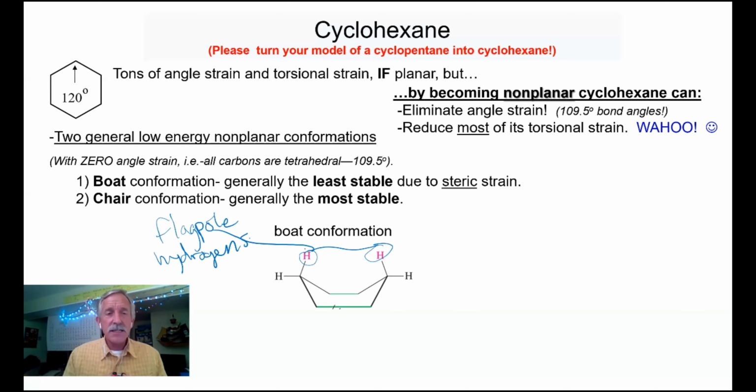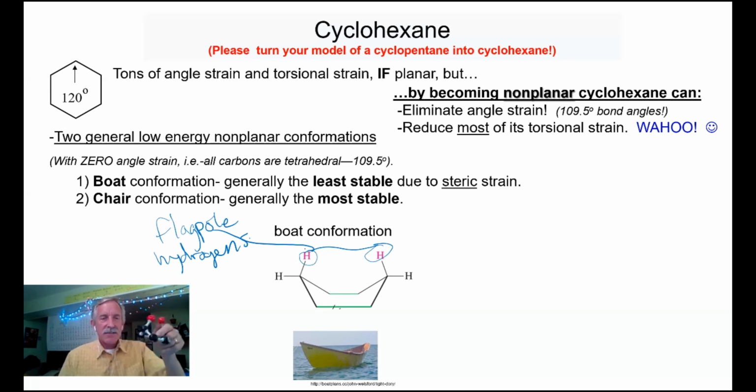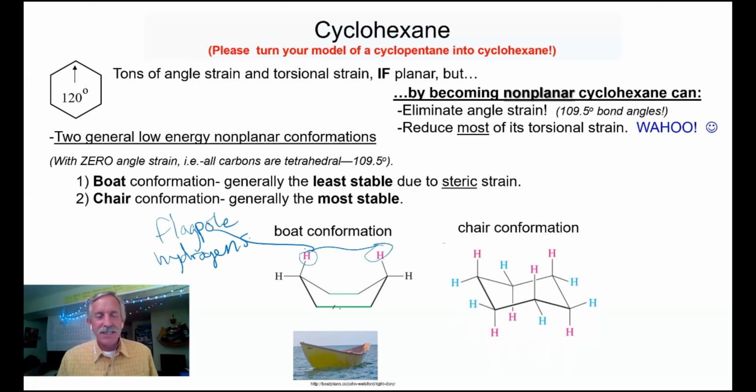So let's look at the chair conformation. Oh, and to remind you what the boat looks like, just in case you haven't seen a boat for a while, there it goes. There's a boat. Okay, so let's look at a chair conformation.